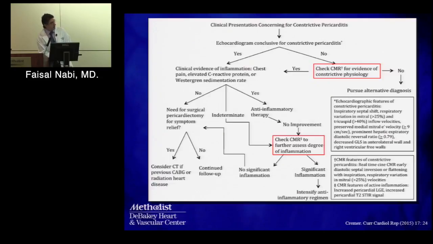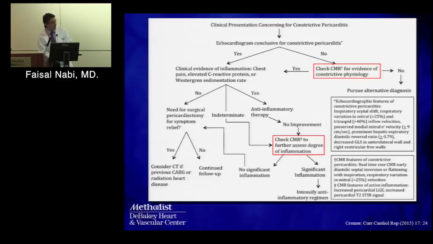And so I've put boxes where they recommend it, and basically they're going to recommend it when the diagnosis is not clear but highly suspected, when your echo is inconclusive. So that would be one area.